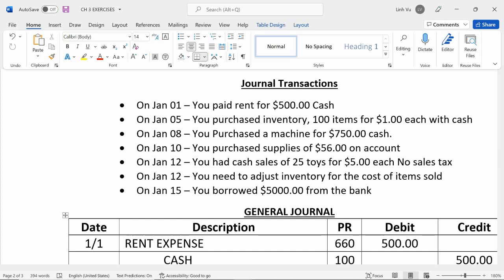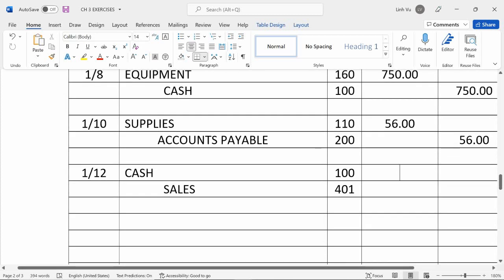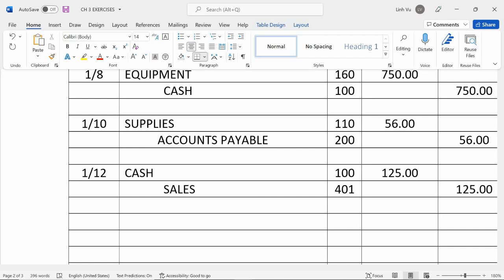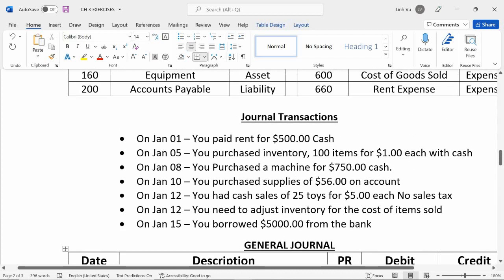$125. 5 times 25 is going to be 125. So I earned $125 from this sale. Okay? So then the next question says, because I sold my inventory, I need to adjust the inventory for the cost of the items that I sold.